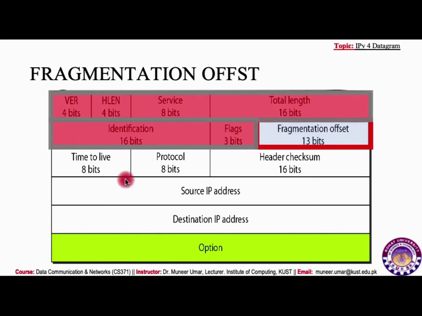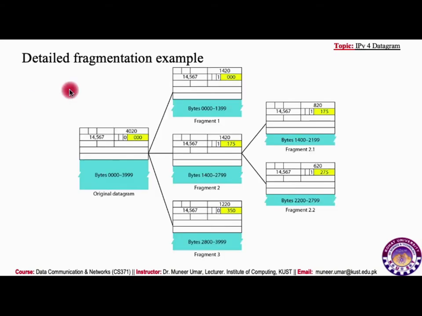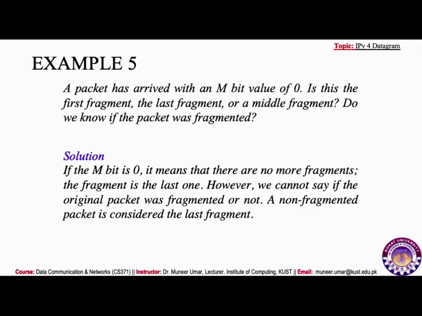Now we are going to have some examples for these three fields. We will have some values for these fields and will calculate some outcomes. The first example is about the second word in the IP datagram or the IP header.